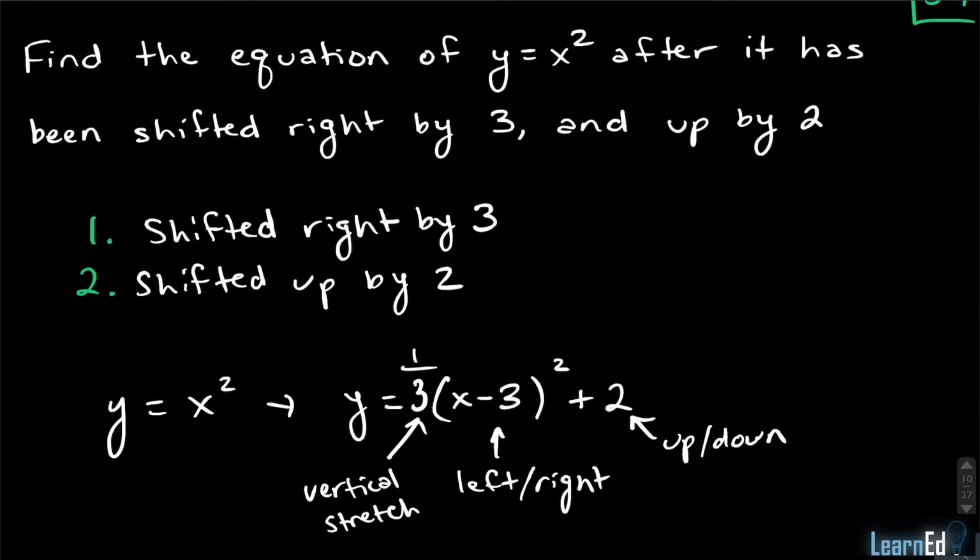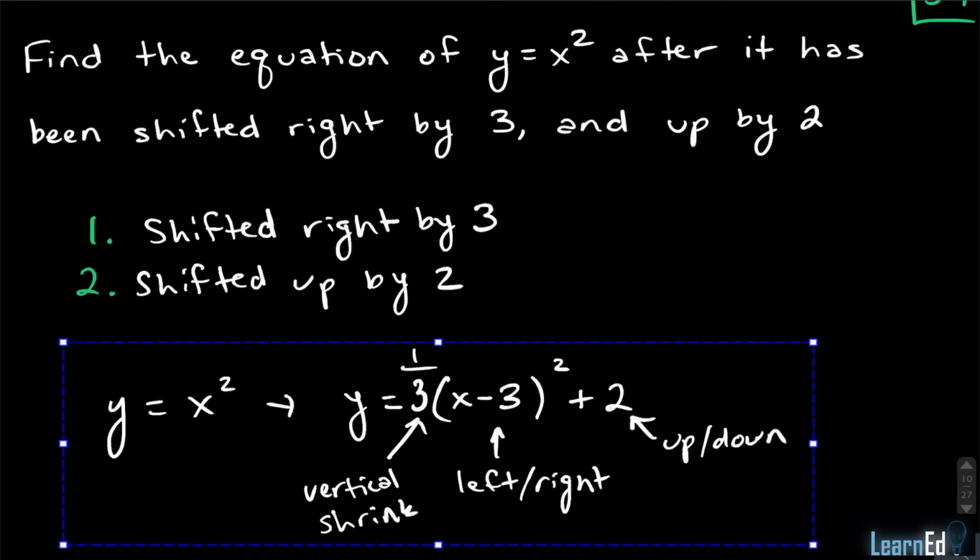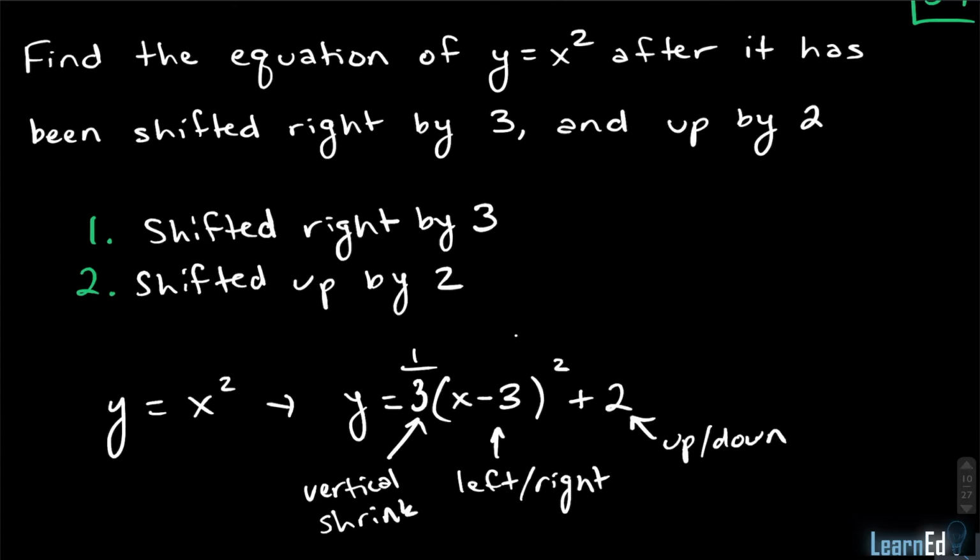If you make it 1 over 3, then you have a vertical shrink. So there's a bunch of different transformations to know, but they all make sense. Of course, you can also think about this with vertex form, with completing the square. We always have to flip the sign inside the parentheses.